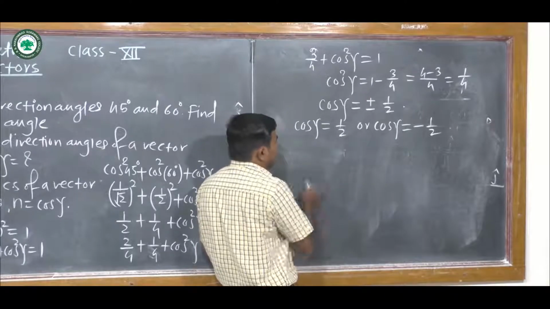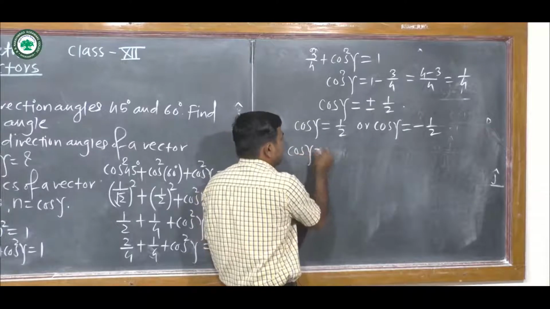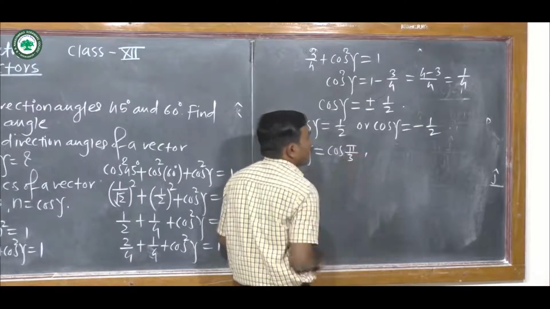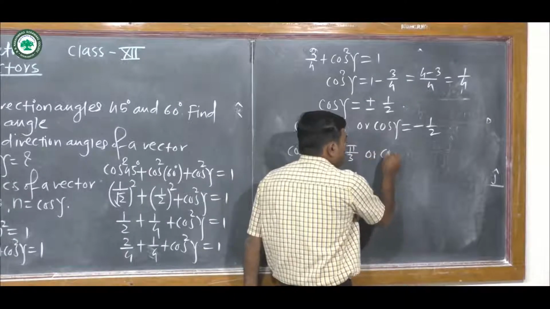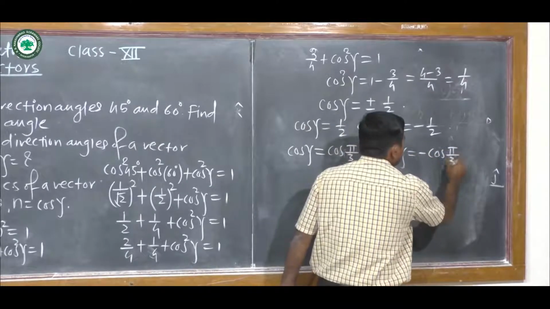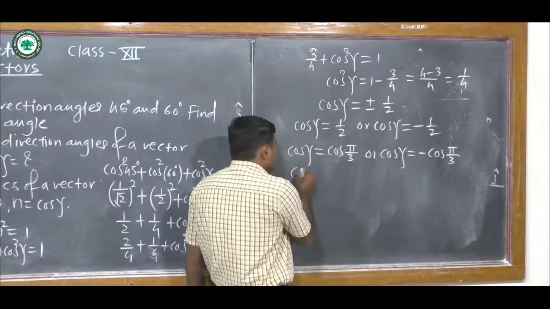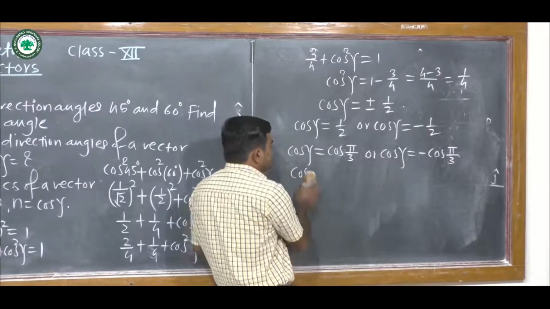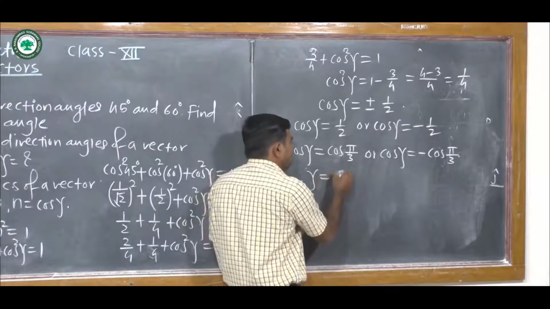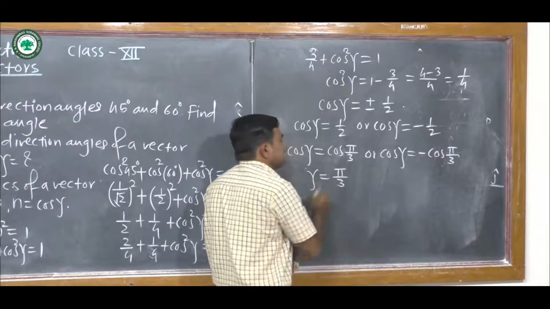So cos gamma is equal to cos pi by 3, or cos gamma is equal to minus cos pi by 3. From the first equation we can directly write gamma is equal to pi by 3, and pi by 3 means 60 degree.